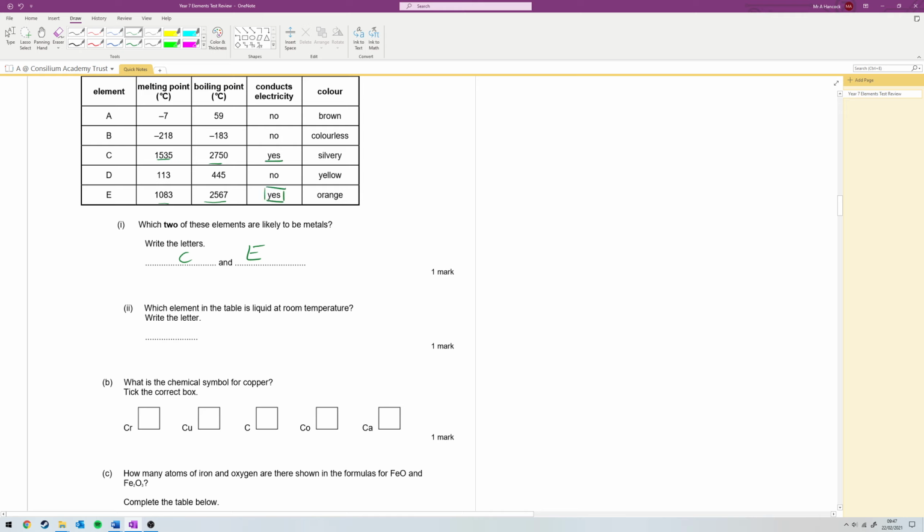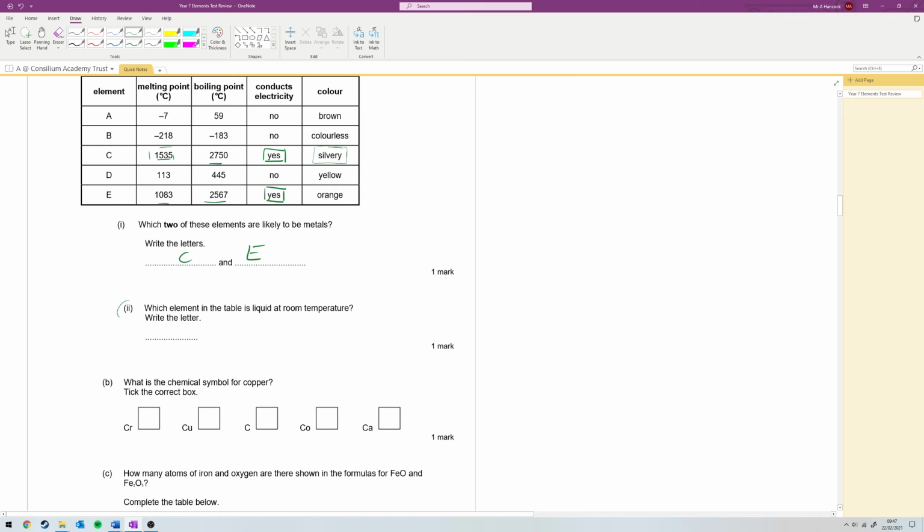So these are the only 2 here that conduct electricity, which is probably the most obvious one that shows you that they're a metal. They've got the 2 highest melting and boiling points. And this one's silvery, which kind of gives you an idea because metals have to be silvery. They reflect light, so every type of metal you'll be able to see some sort of reflection on it.